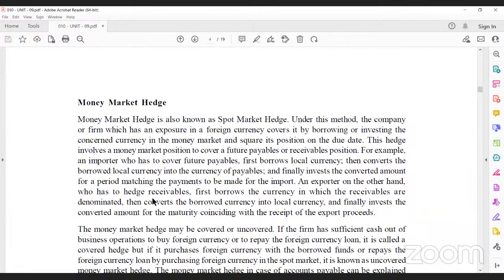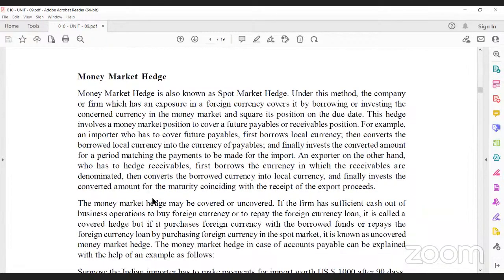Next, we have money market hedging. Money market hedging is also popularly known as spot market hedge. Basically, under this method, the company which has an exposure in foreign currency covers it by borrowing or investing the concerned currency in the money market.